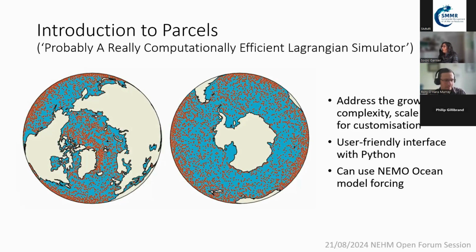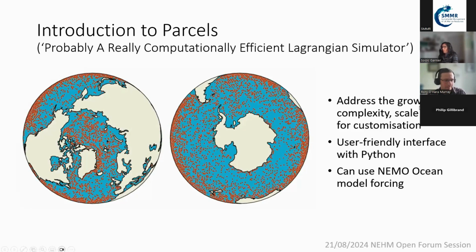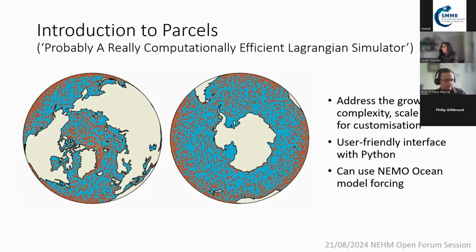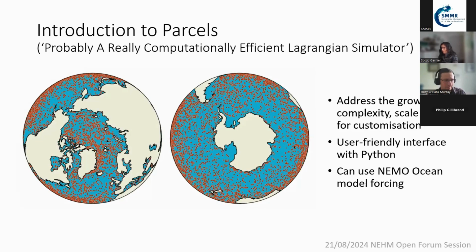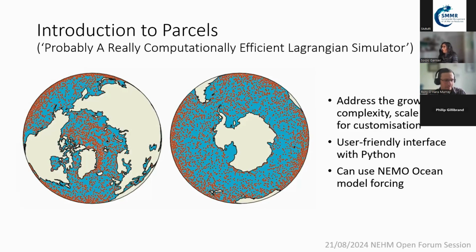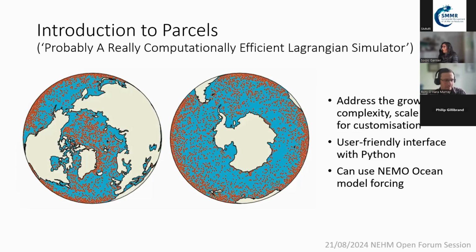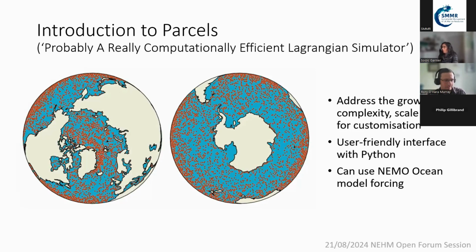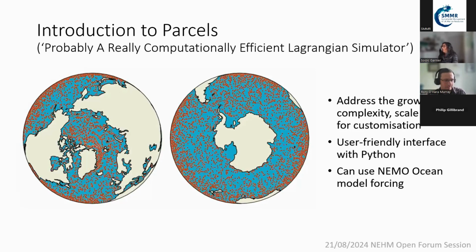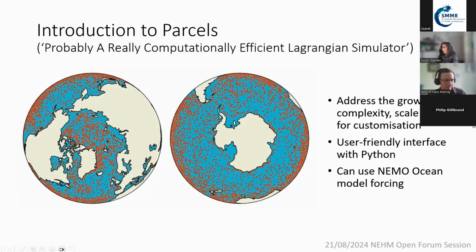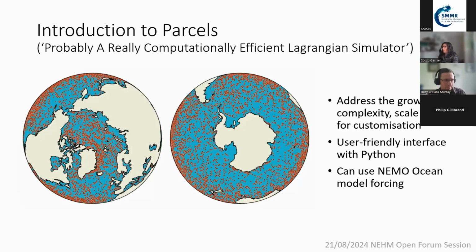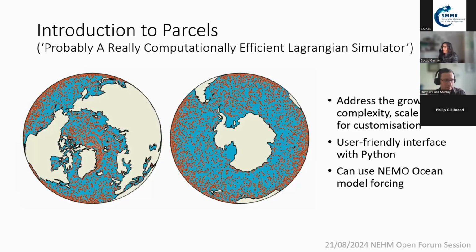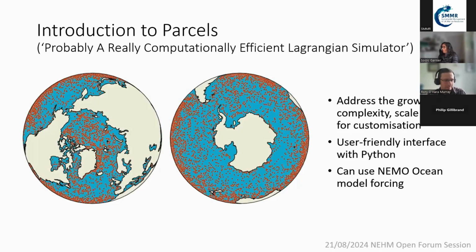The user interface of Parcels is written in Python, and the computationally intensive integration is done with C. So it was written so you can have computer architecture experts that can optimize the underlying method without changing the high-level description of the model, which makes the user-friendly approach of Parcels.